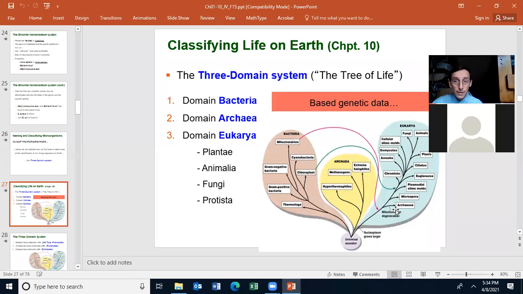The domain Eukarya can be further divided into kingdoms, and this domain has four kingdoms: the kingdom Plantae, the plants; Animalia, the animals; the Fungi, the fungus; and Protista, the protists.